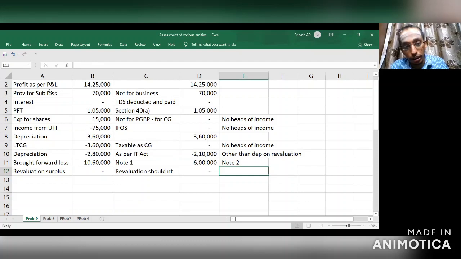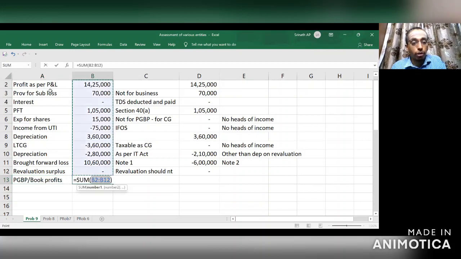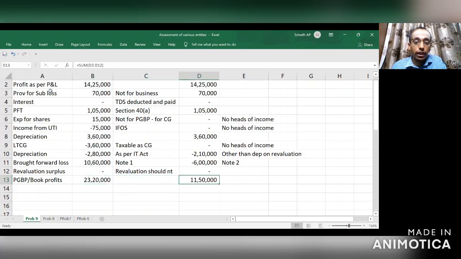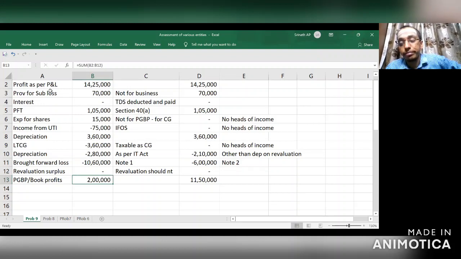So what you get would be PGBP or book profits. 23,20,000. No, sorry, this has to be minus. 2 lakhs or 11,50,000.